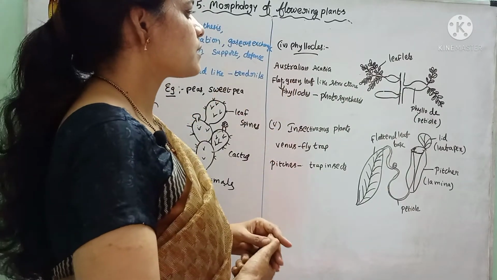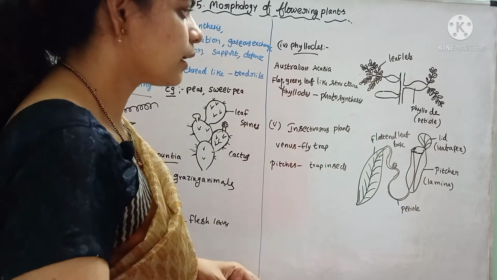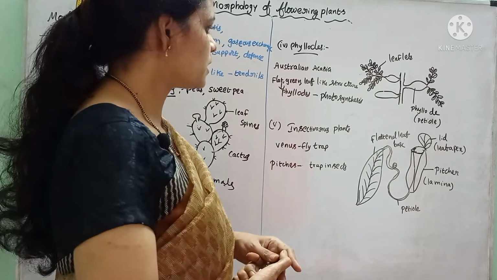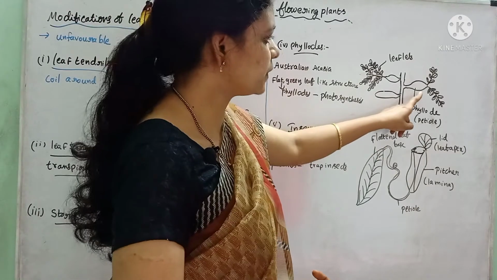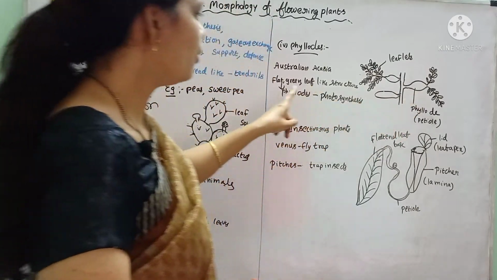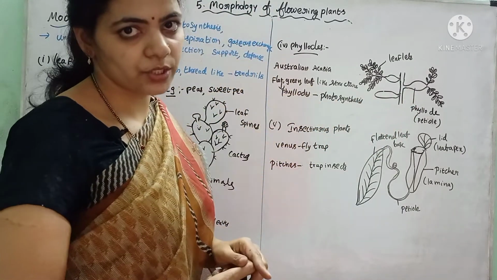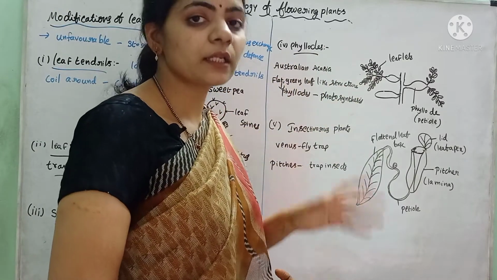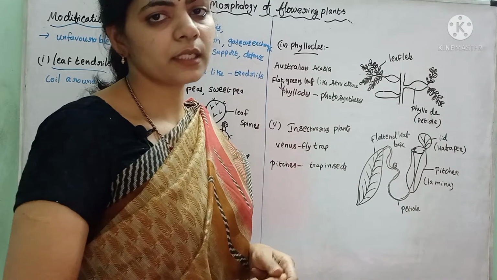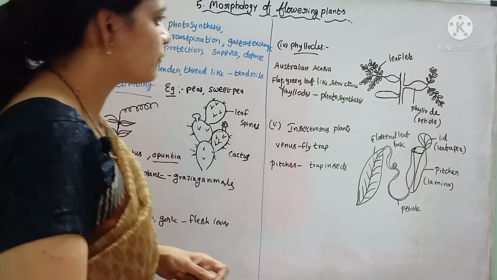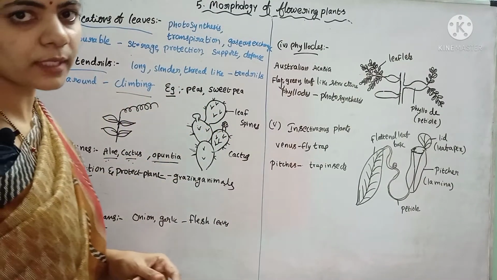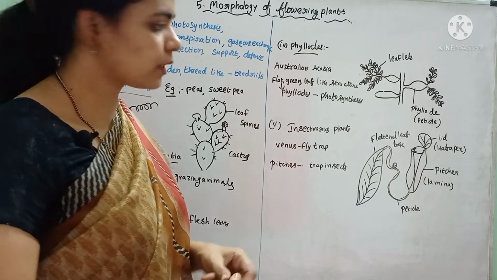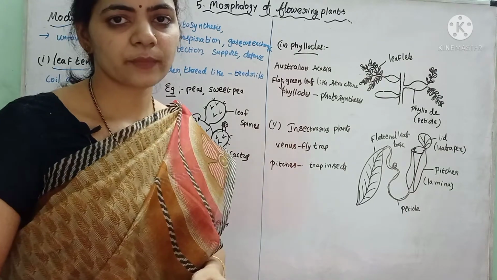In that condition, for carrying out photosynthesis, the petiole is modified into a flat green leaf-like structure that is called phyllodes. The phyllodes is green in color, resembles the leaf, and performs photosynthesis like the leaf. That is called phyllodes.